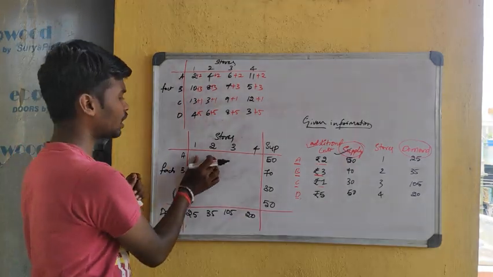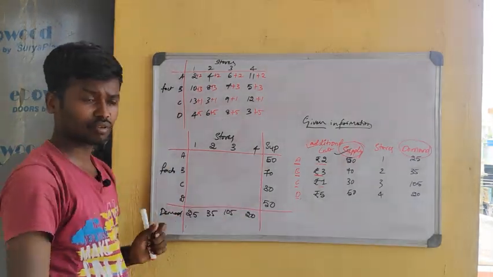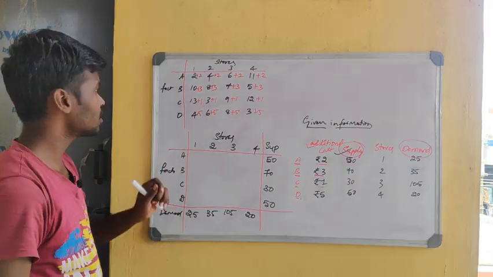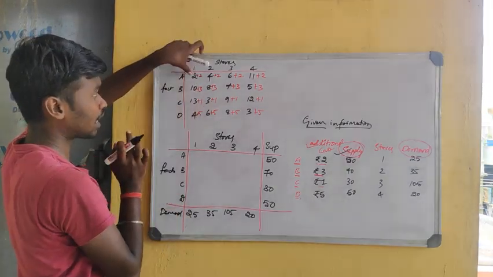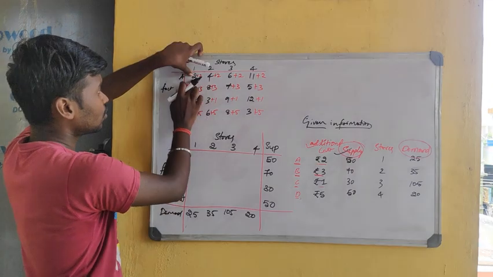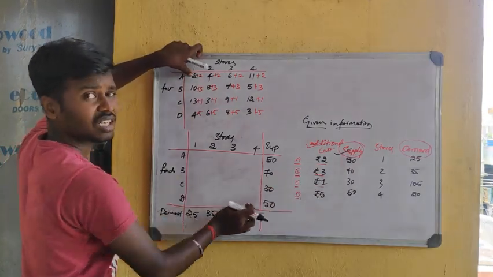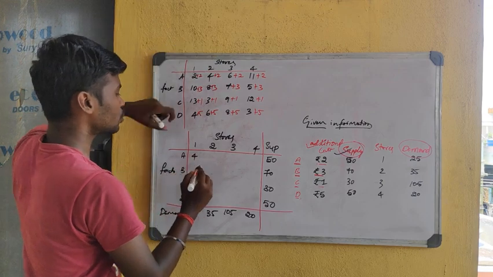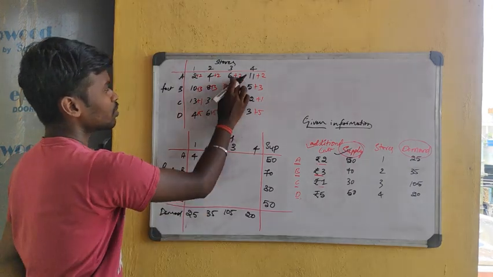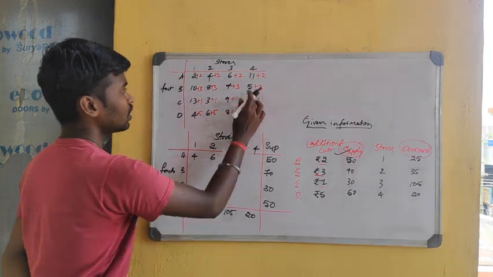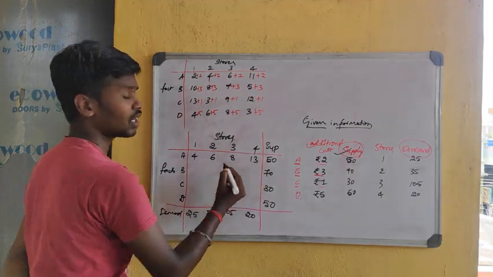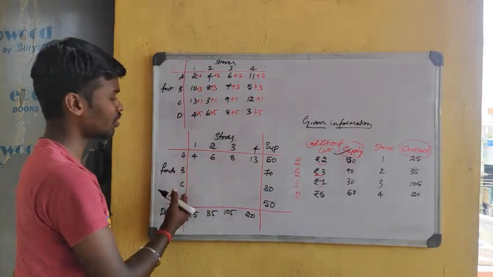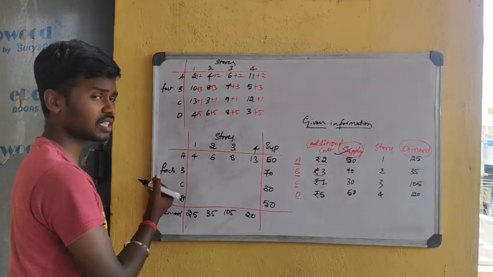Now we have to calculate the individual costs of units of the respective factories. How do we calculate the individual cost? Including the additional cost of the unit: 2 plus 2 is 4, 4 plus 2 is 6, 6 plus 2 is 8, 11 plus 2 is 13. In a similar way we have to calculate the total individual costs of the various factories.